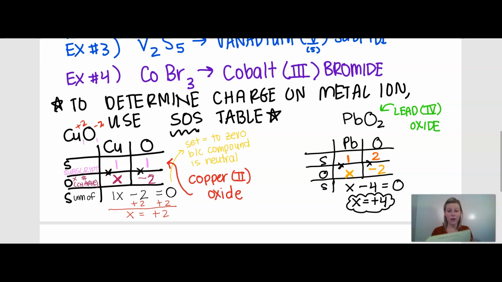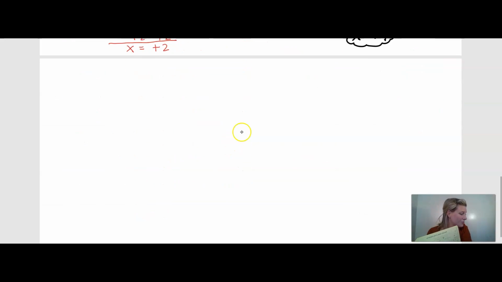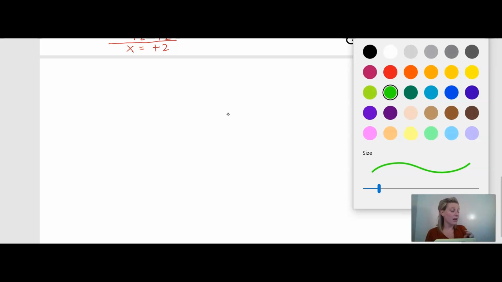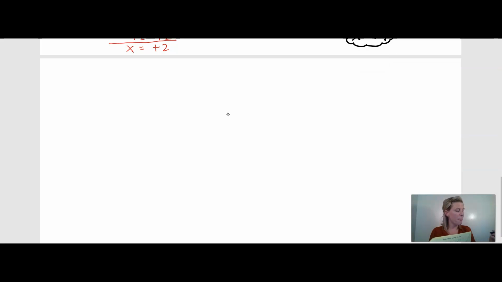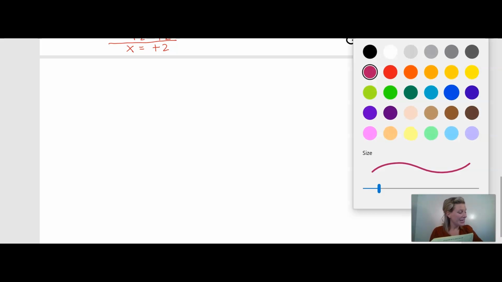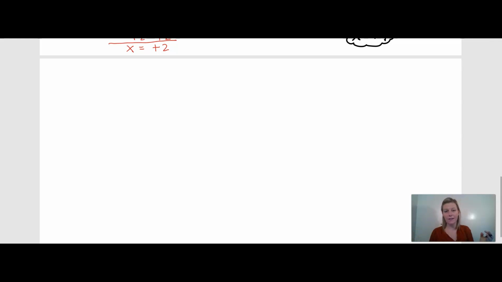Okay, I feel like we are in a good place at this point to go ahead and just look at a couple practice problems. So let me go ahead and write them out at the bottom. The first two, again, actually, I want to make sure there is something that you should always do when you get a chemical formula at the very beginning. So there's kind of a system to check it first.